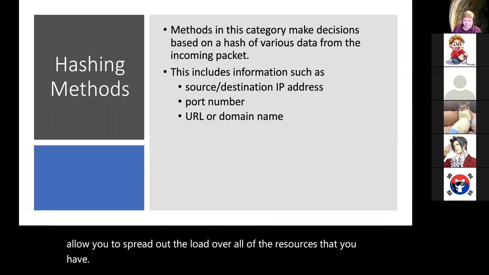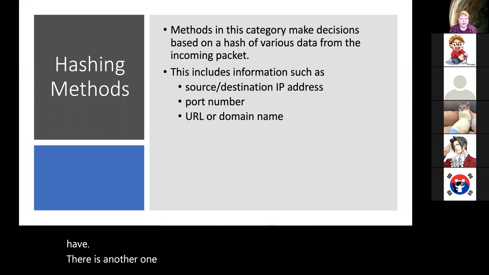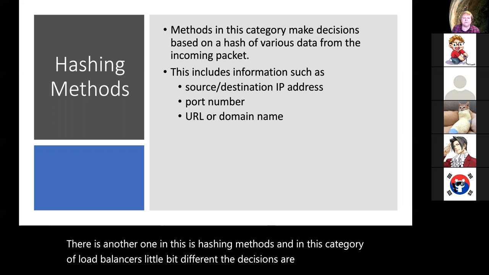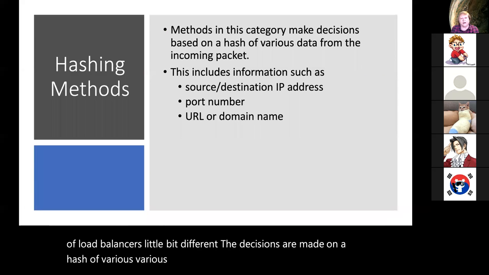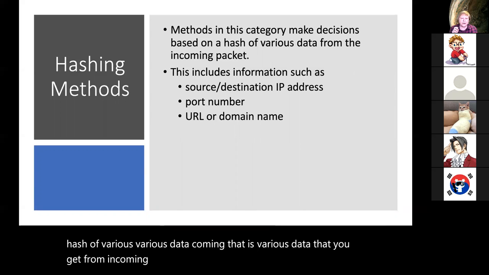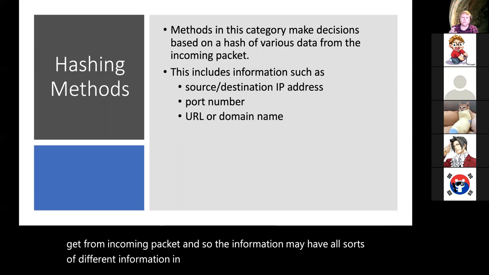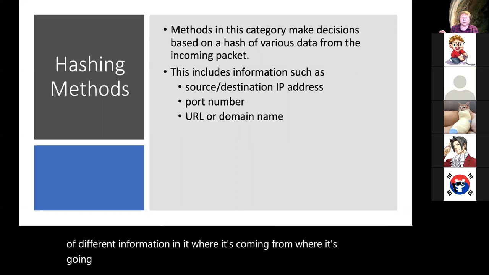There's another one, and this is hashing methods. In this category of load balancers, it's a little bit different. The decisions are made on a hash of various data that you get from the incoming packet. The information may have all sorts of different information in it: where it's coming from, where it's going to, the port it's going to, all this sort of thing, because a lot of these requests are going to come in through something like HTTP or whatever.